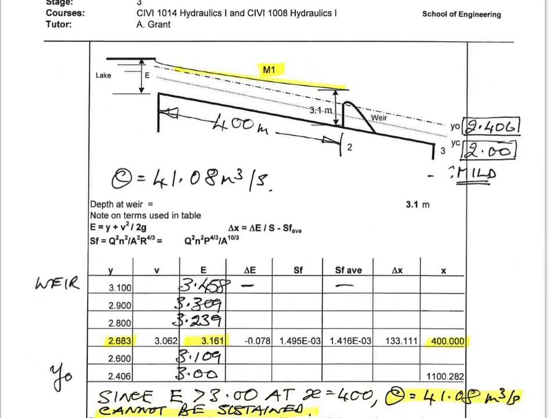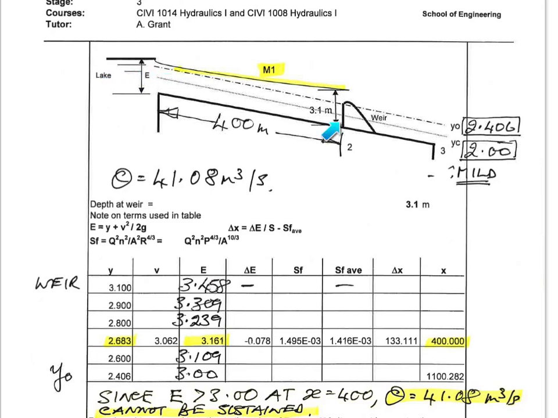So what we have to do then is plot that profile between the depth we're given, 3.1, and the normal depth y0, and if it gets to the normal depth over a distance that's less than the distance we're given from the structure to the channel entrance, then of course the flow from the lake into the channel would be unaffected.